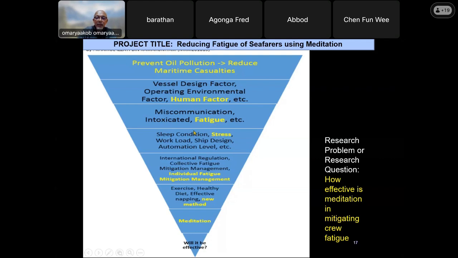To solve this fatigue problem, people are looking at various variables here. They're looking at stress, how to reduce stress, individual fatigue mitigation management. And finally, these are various ways of reducing stress that people have been proposing, but he's looking at a new method of meditation. Okay, so this is one example.